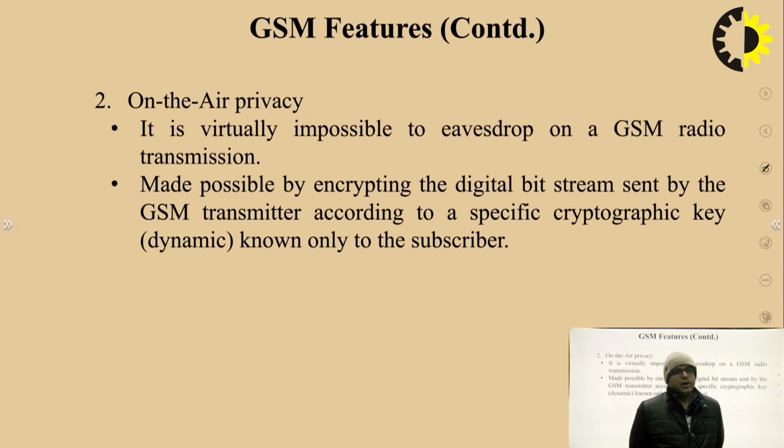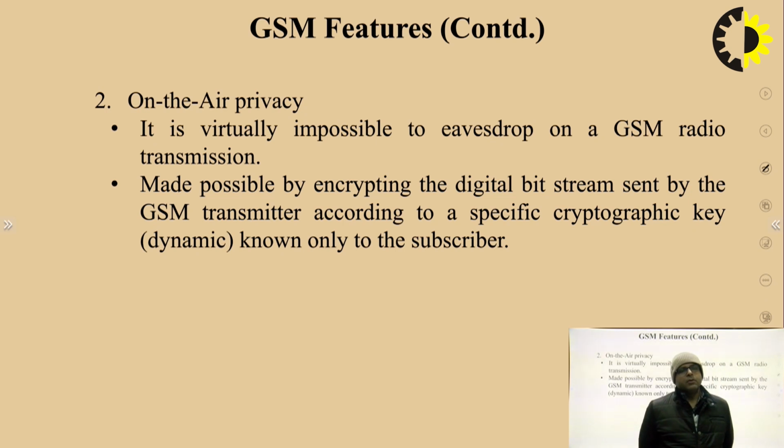In this on-air privacy, using a key, we can encode or encrypt the transmitted bit stream which is sent by the transmitter, and using that encryption key we can decode the received information.